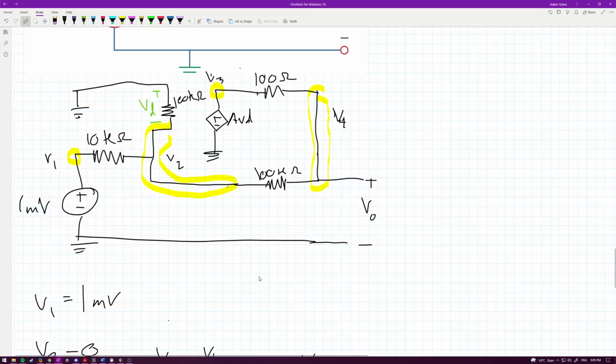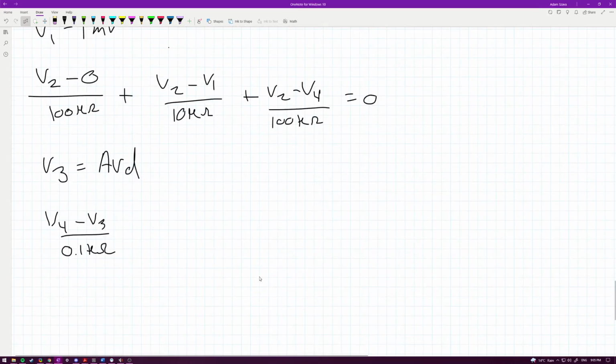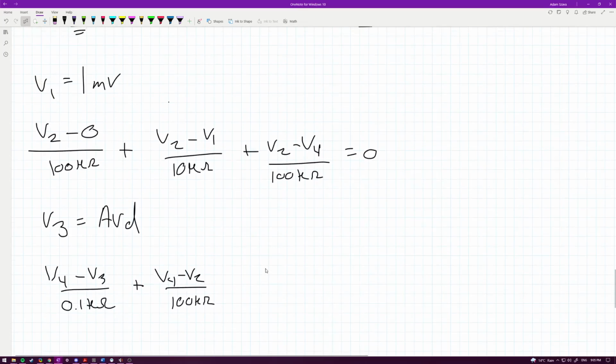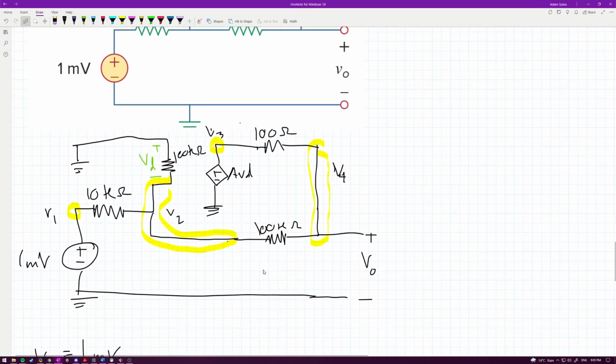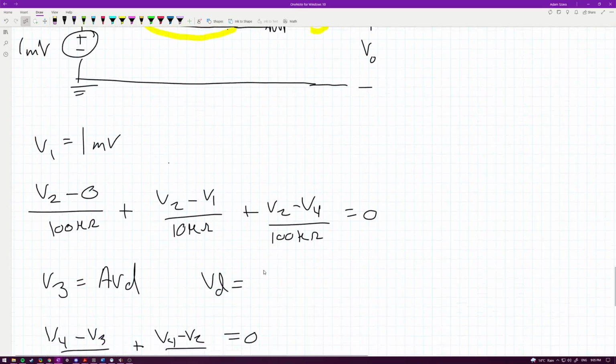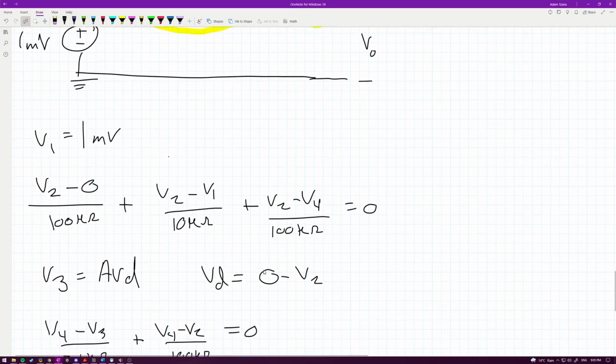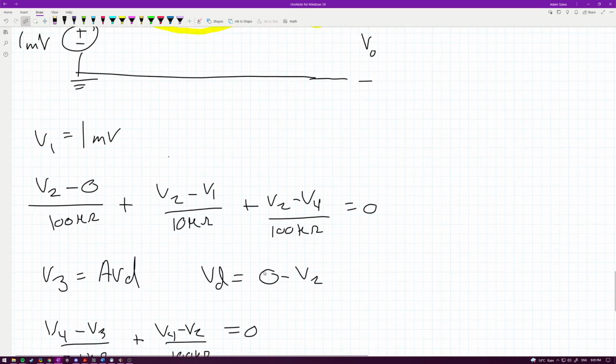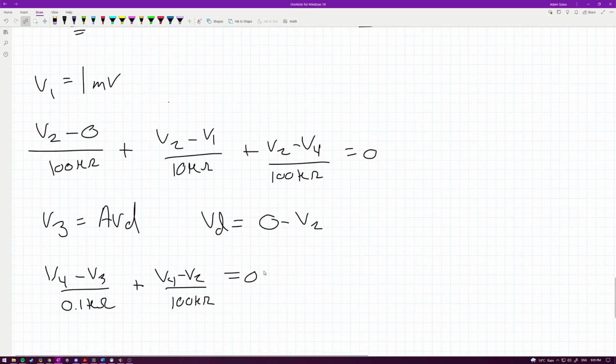Then V4 minus V2 over 100 kilo ohms, equals 0. Now VD is equal to 0 minus V2. So I just need to solve for V2, and I get VD, which is good.